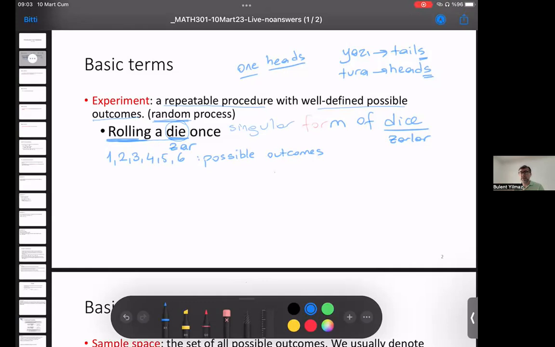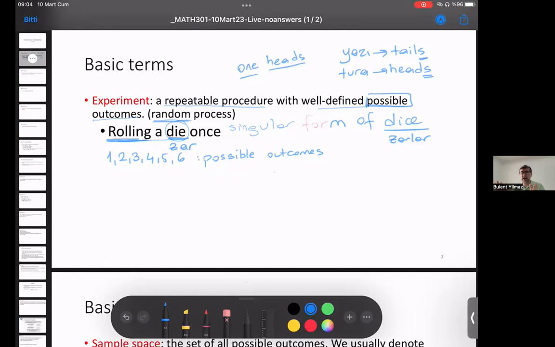These are random, repeatable experiments, and they have well-defined possible outcomes. Possible means any one of them is possible. I can have 1 or 2 or 3 or 4 or 5 or 6. Any one of them will be the possible outcome.